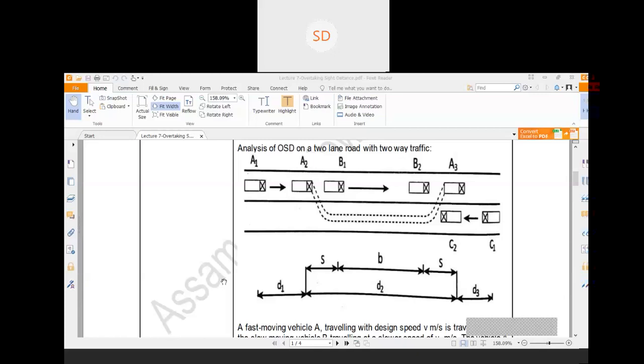Okay. If you have pen and paper with you, just draw this picture. Please draw this picture, because after that the derivation is there and that will help you in understanding the derivation. If you have pen and paper along with you, please draw this picture.